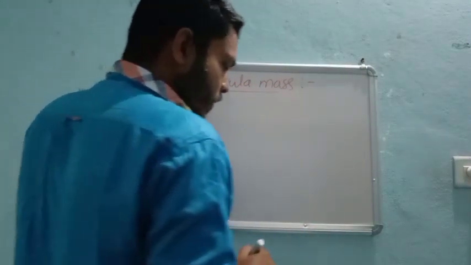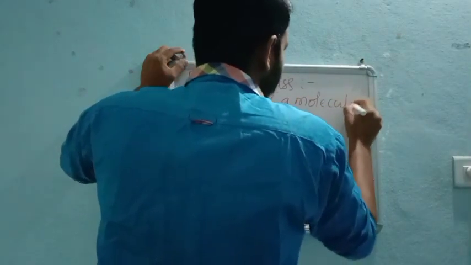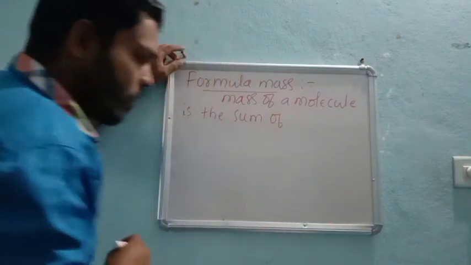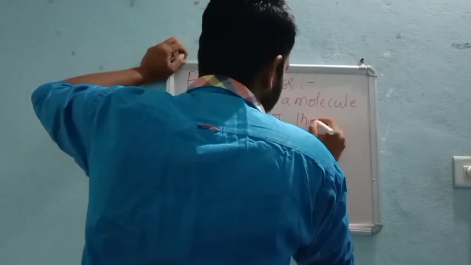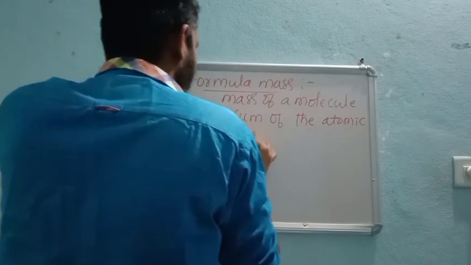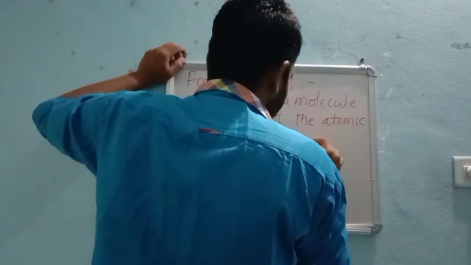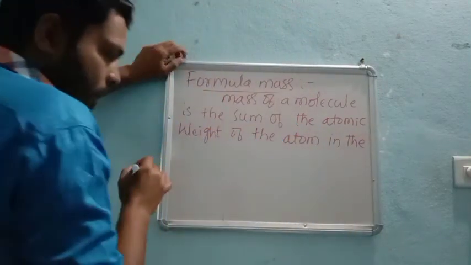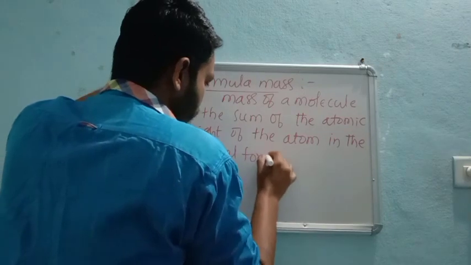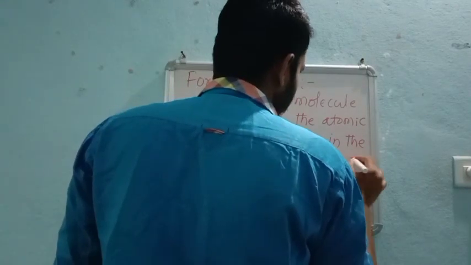The formula mass of a molecule is the sum of the atomic weights of the atoms in the empirical formula of the compound.